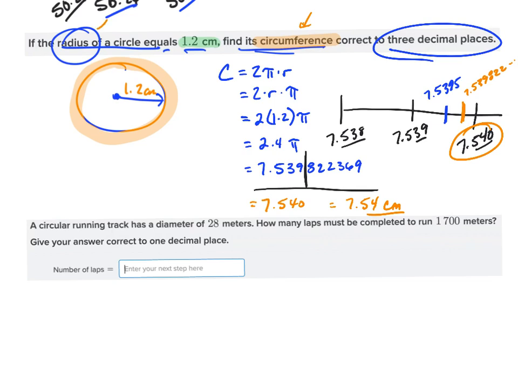They give us the radius, so that's the measure from the middle to the outside. At any point on that circle, if you measure from the middle, it's going to be 1.2 centimeters. And then we use the formula, circumference equals 2 times pi times r. All right, let's move on to the next problem.